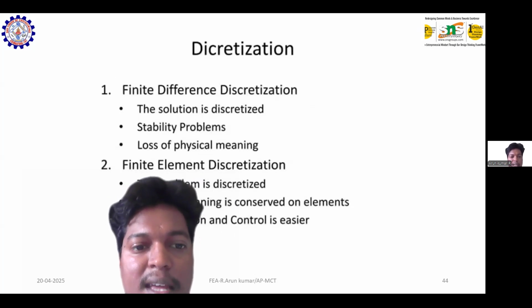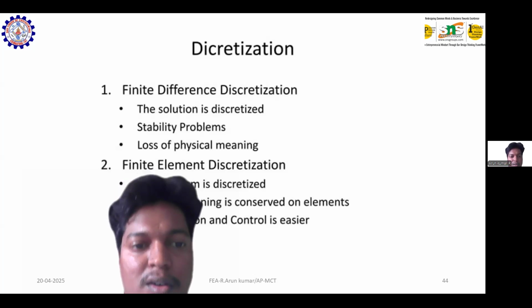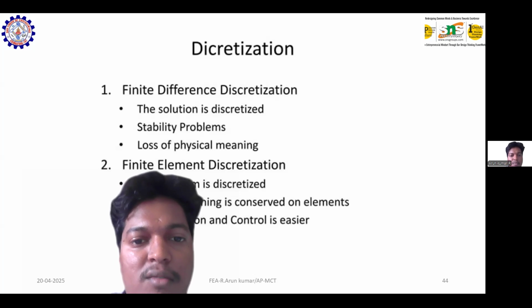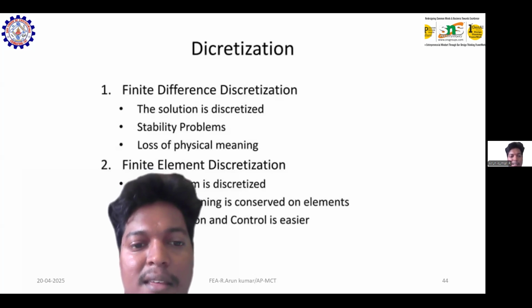Discretization is one of the main important concepts for FEM problem analysis. The first is the finite difference discretization, and the second is the finite element discretization. In the finite difference discretization, the solution is discretized, with stability problems and loss of physical meaning.